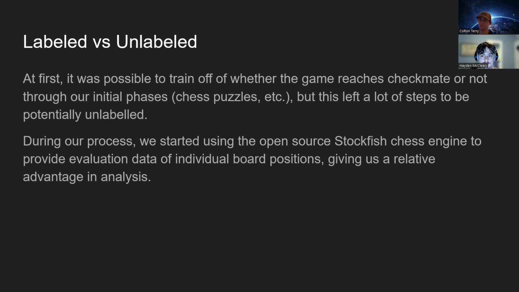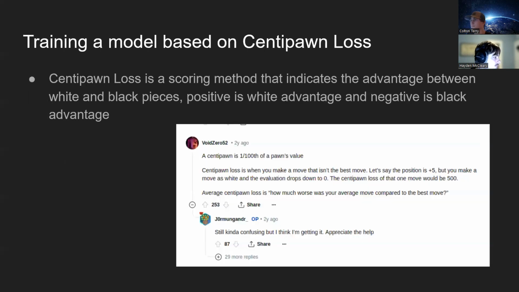Instead, these are longer games, and by using unlabeled data points for training and testing, we were able to better train the model to win more games against real people and Stockfish.